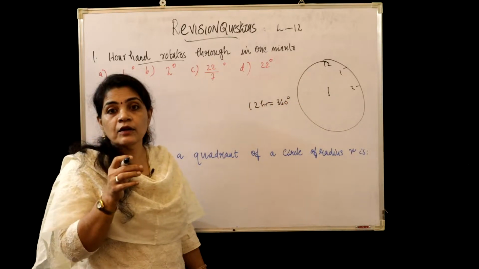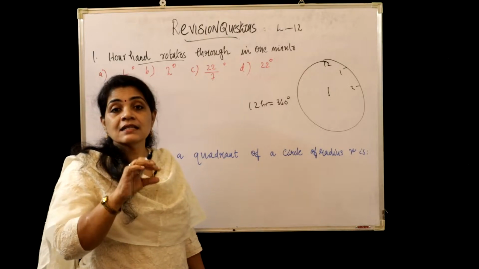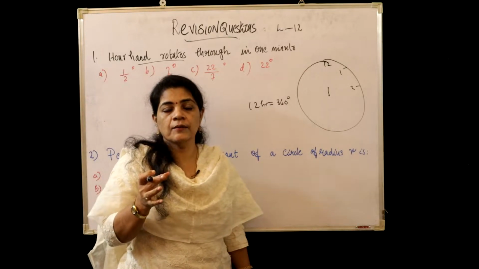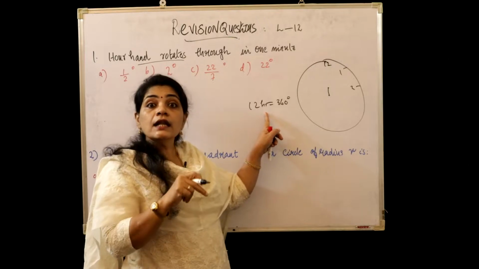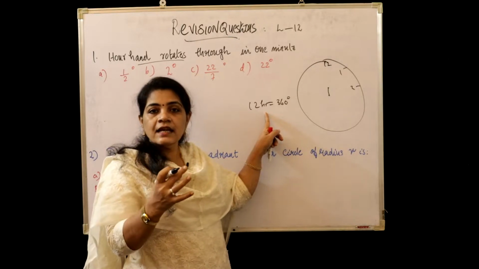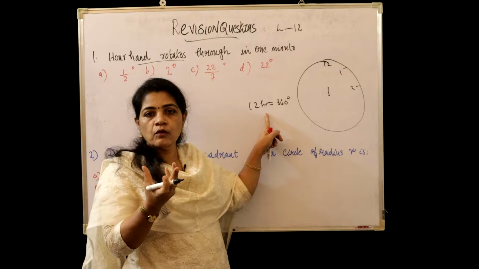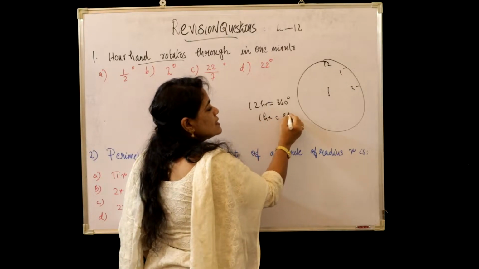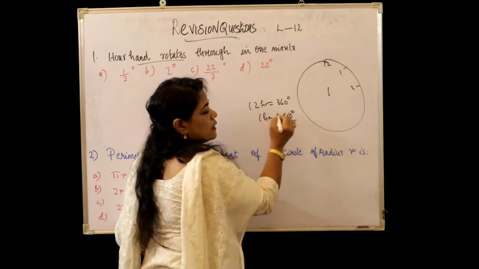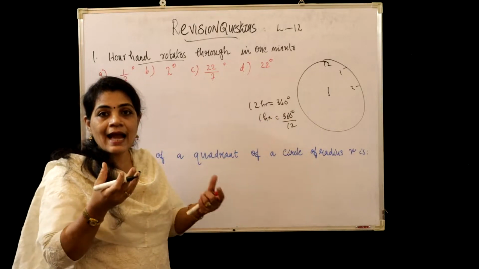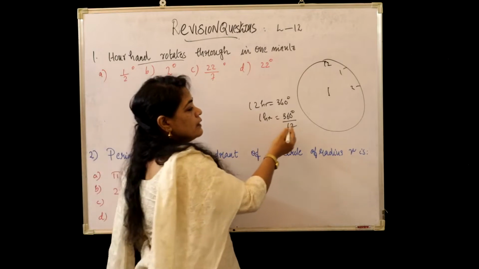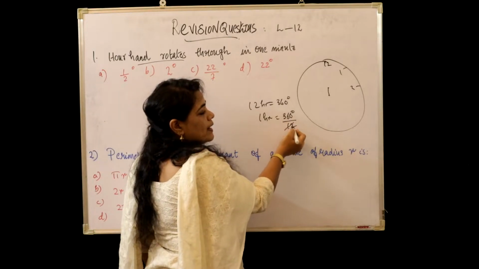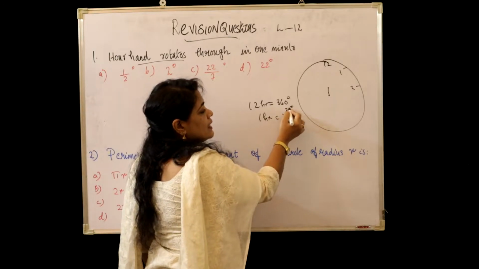Because the question demands the answer in terms of the hour hand, and it takes 12 hours to complete one whole rotation, in 1 hour the angle is 360 divided by 12, which is 30 degrees.